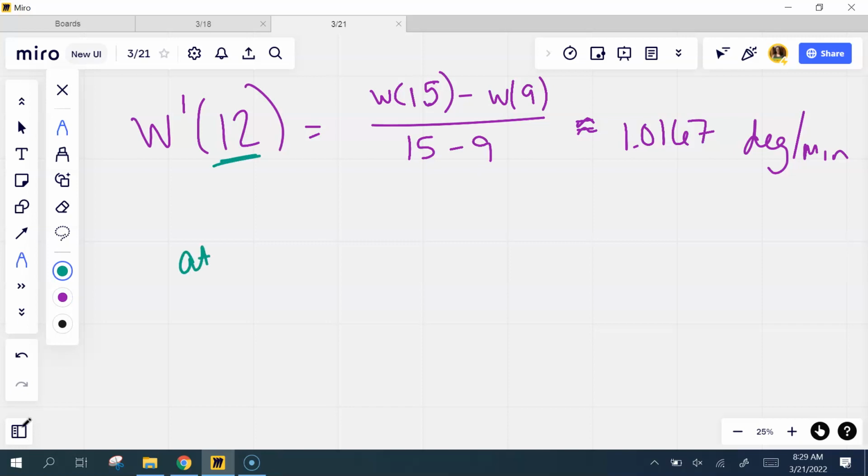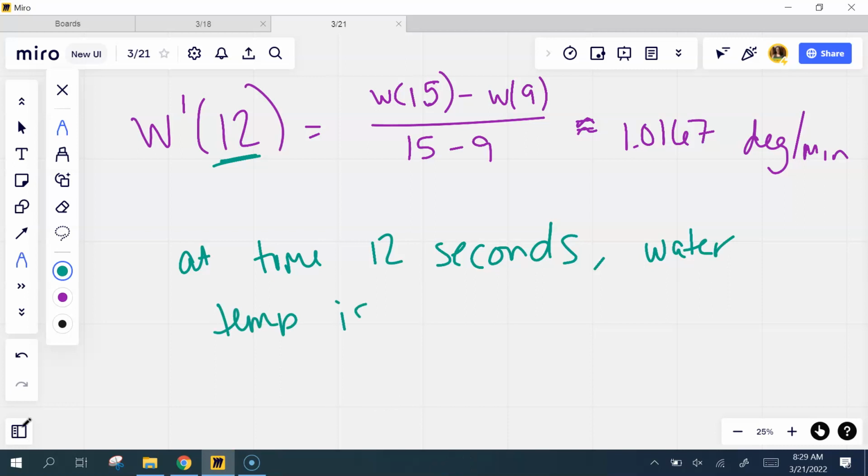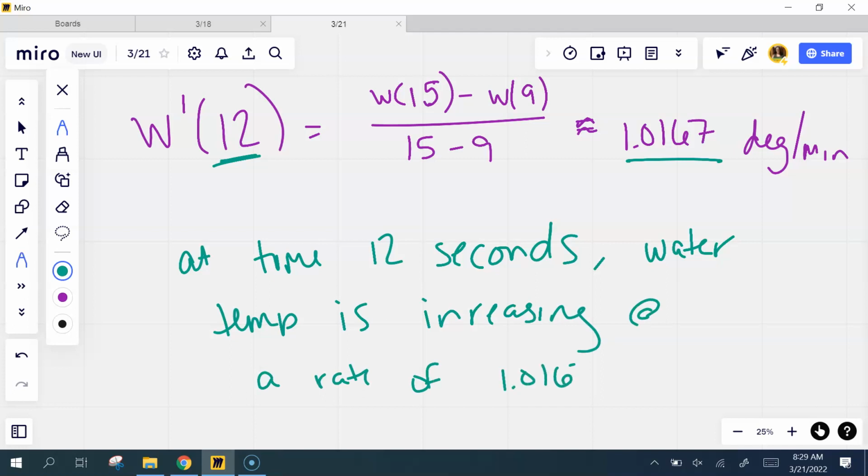So at time 12 minutes, not after, but at 12 minutes, because it's exactly at that point, the water temp is increasing because it's positive at a rate of 1.0167 degrees per minute.